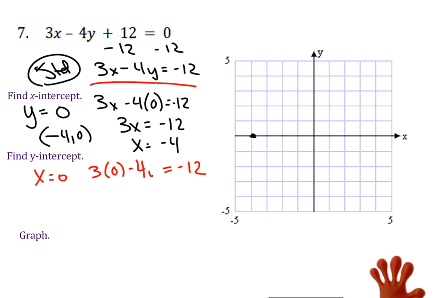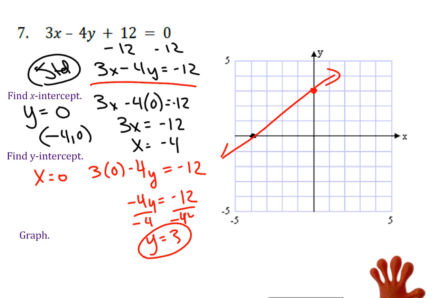So negative 4y equals negative 12. So y should equal positive 3. There's my line. I'm done.